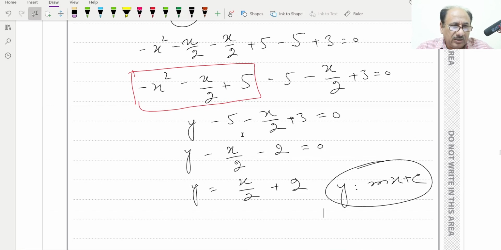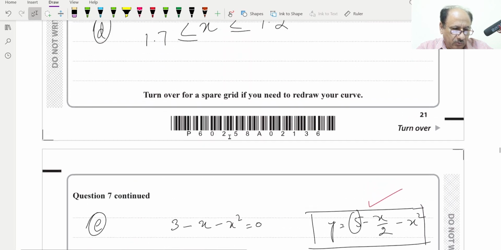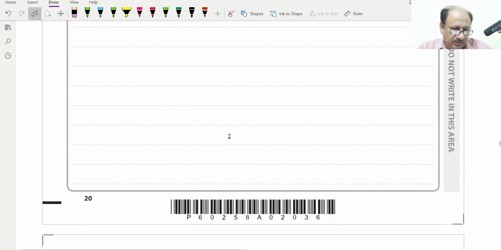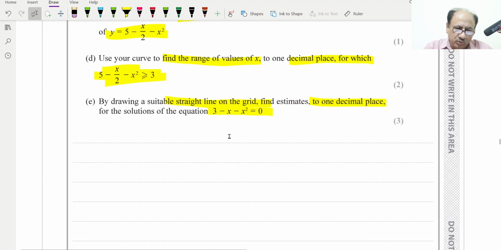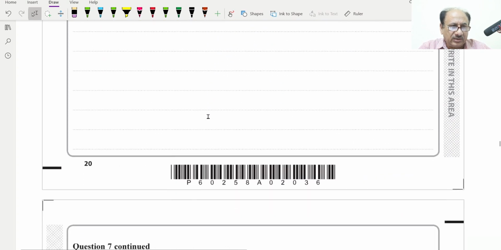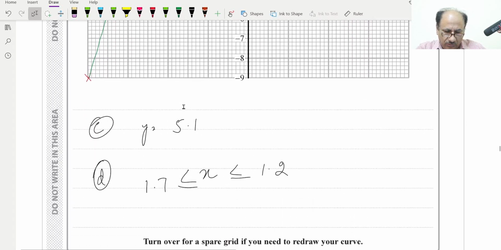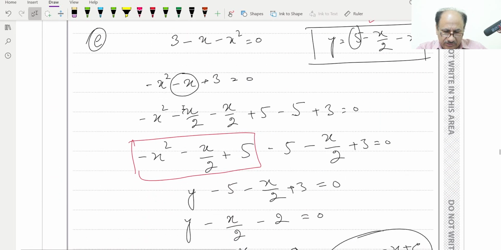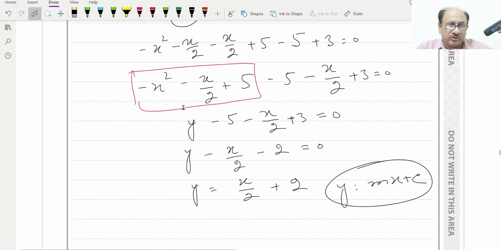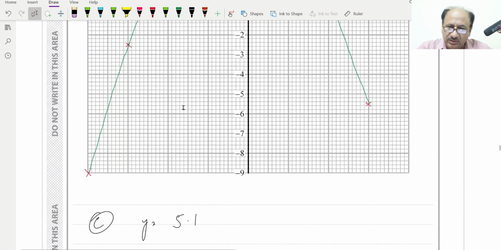And if we go through the question, they are saying that we have to do it by drawing a suitable line. So this is the suitable line which we have found, and now we will be drawing that line on this graph. That line is y is equal to x by 2 plus 2, which we solved over here, and we will be plotting this on this graph.